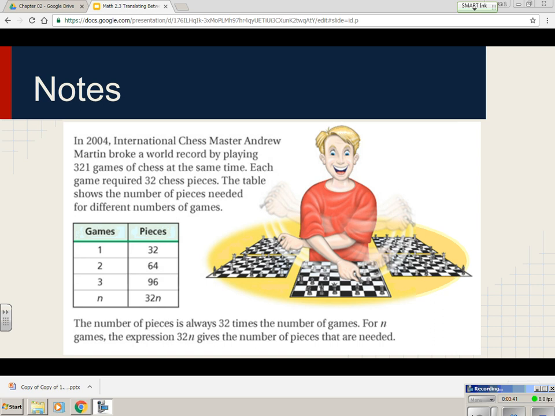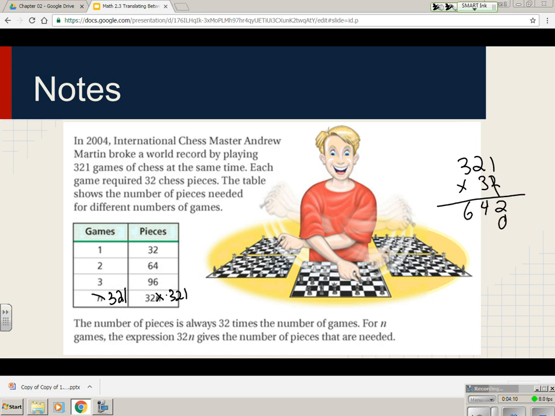So if we wanted to change n and put 321 in there, we could easily figure out how many pieces that is, because then you just have to replace n with 321, so it would be 32 times 321, and we can work through that over here. So 2 times 1 is 2, 2 times 2 is 4, 2 times 3 is 6.